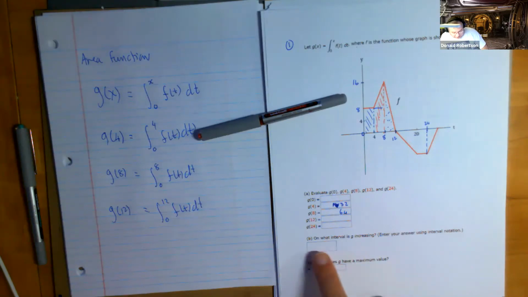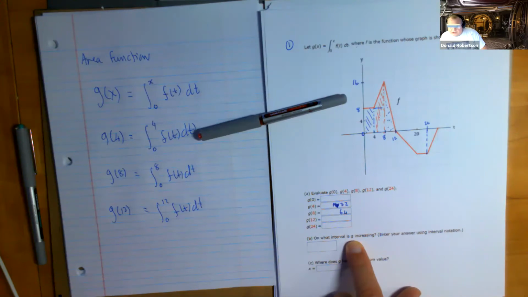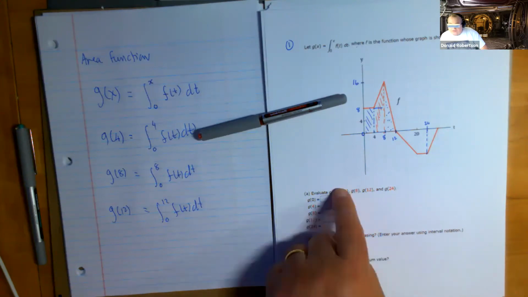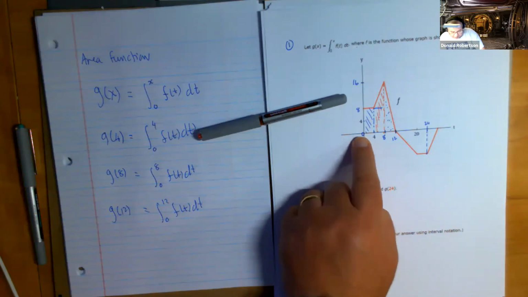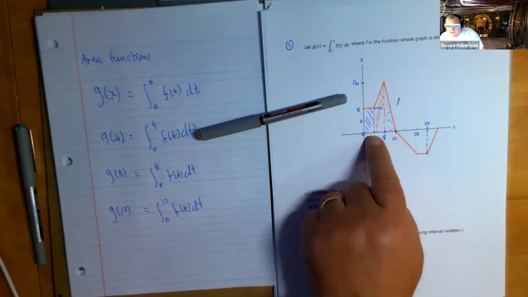And it says in part B, on what interval is g increasing? Well, I can tell that even though I've not written the answers. As long as you're using values from 0 to 12, won't the area just keep getting bigger?